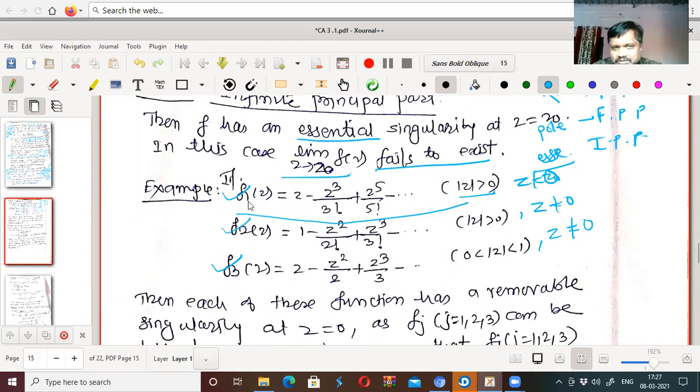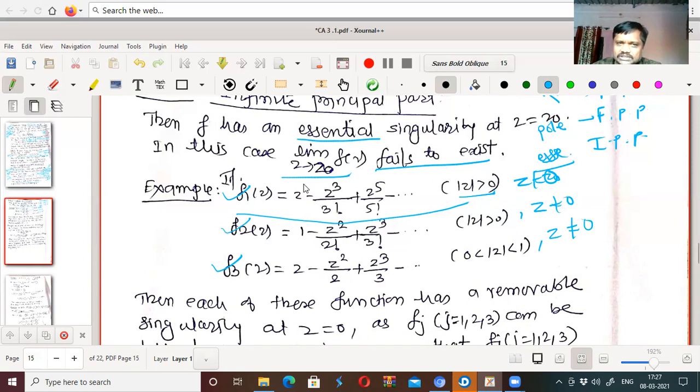But we have not been given f1(z) at z equal to 0. Therefore, z equal to 0 is the singularity of this function, because we have not been given the value of the function at z equal to 0. So it is an isolated singularity, because other than z equal to 0, this function is well defined and analytic everywhere. Therefore, z equal to 0 is an isolated singularity.